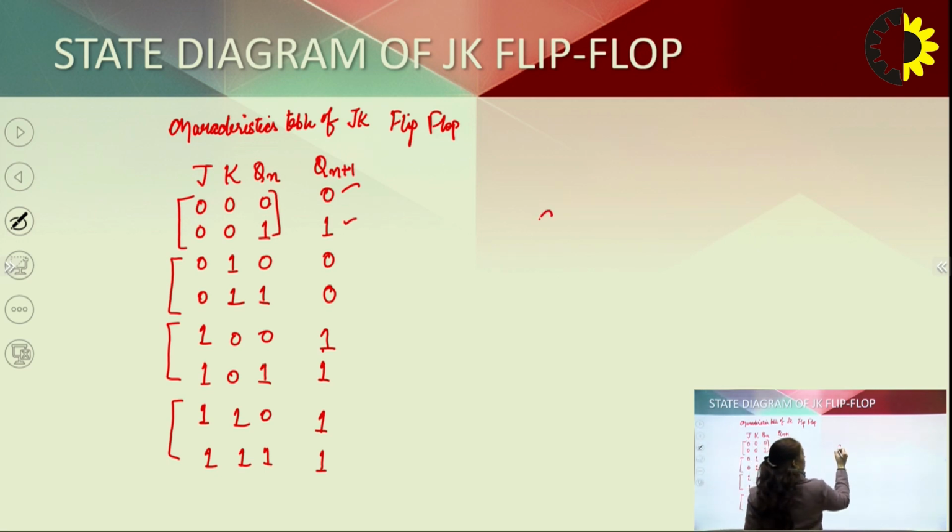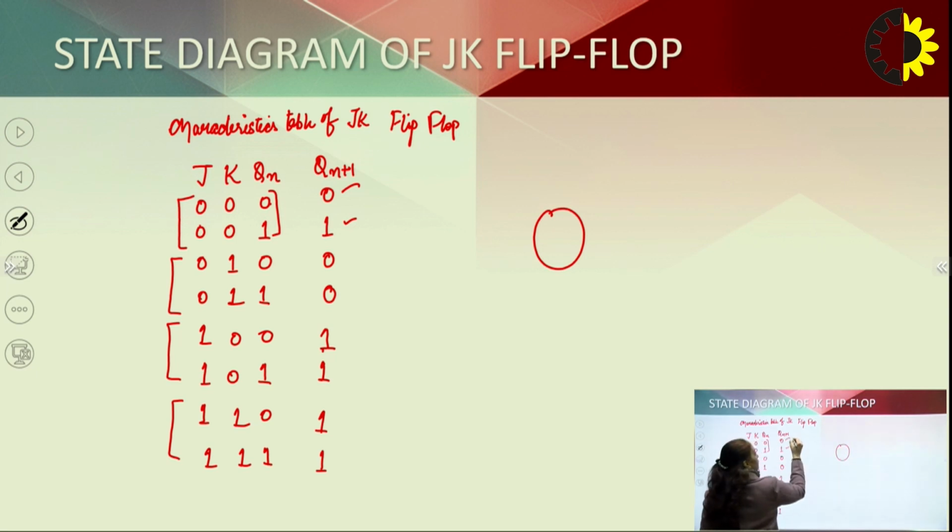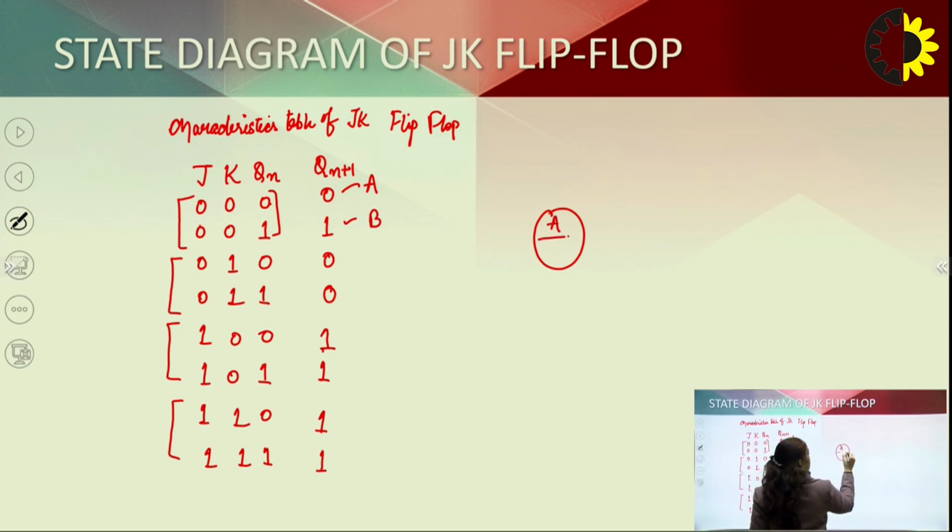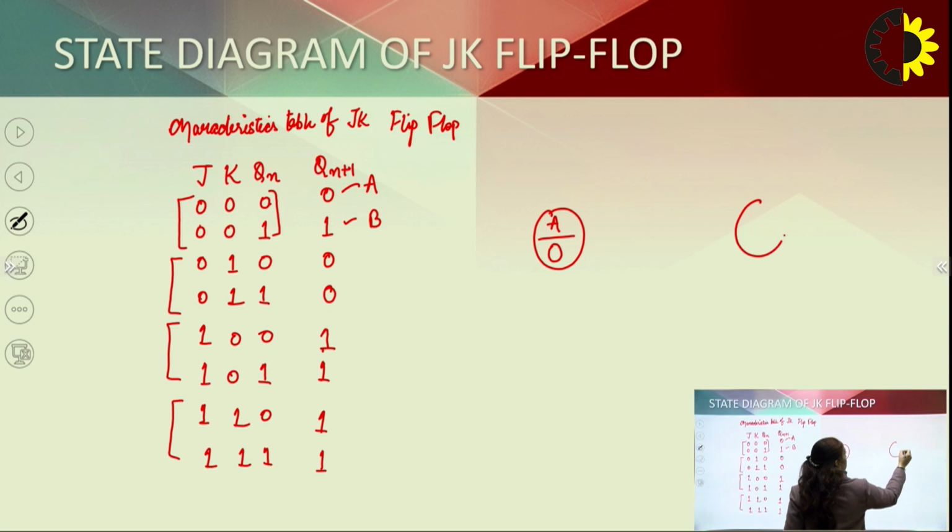So we name 0 as A state, and 1 as B state. In A state, we are going to collect the outputs 0, and in B state, we are going to collect the outputs 1, right?